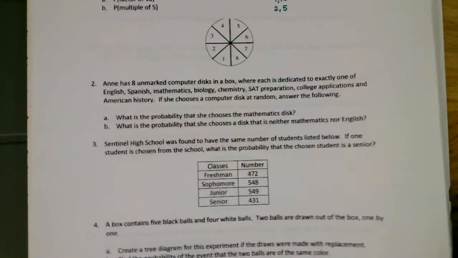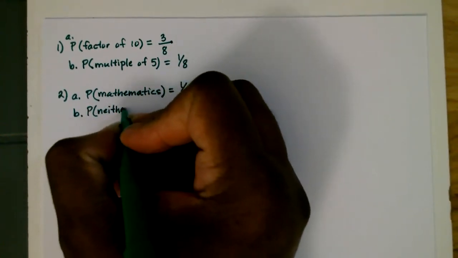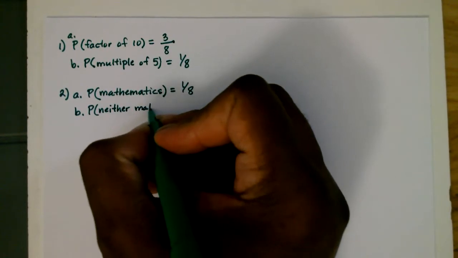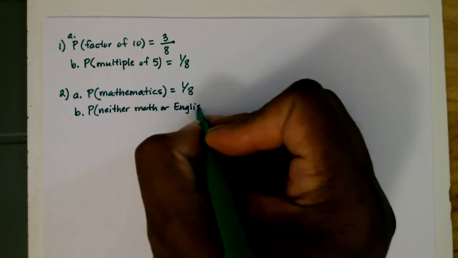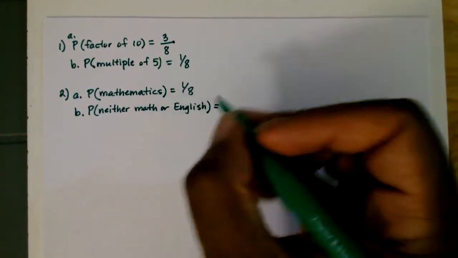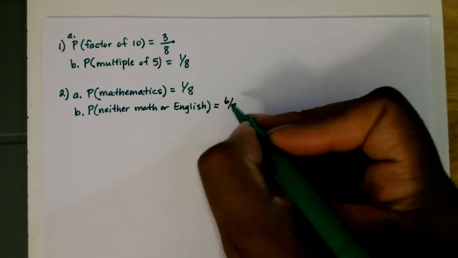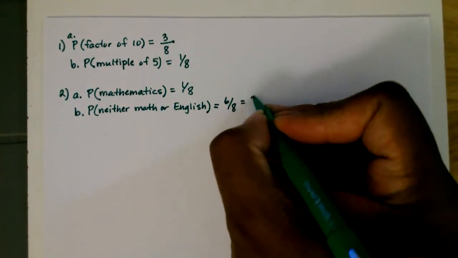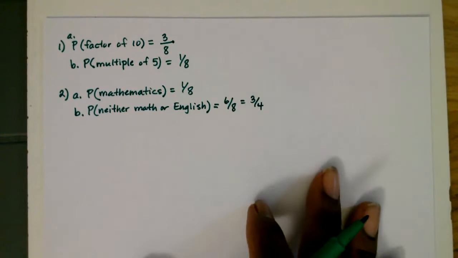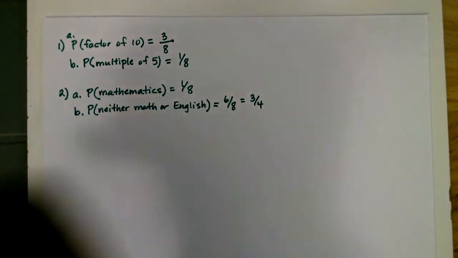So the probability of neither math nor English is 6 out of 8, and we can reduce 6/8 to 3/4. Okay, so that's problem number 2.